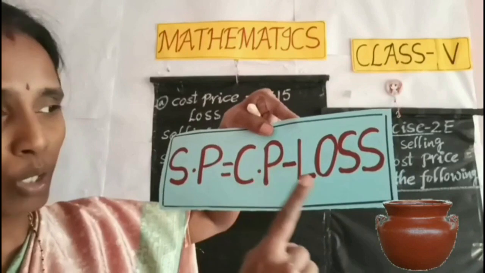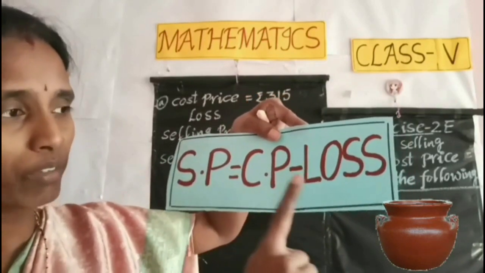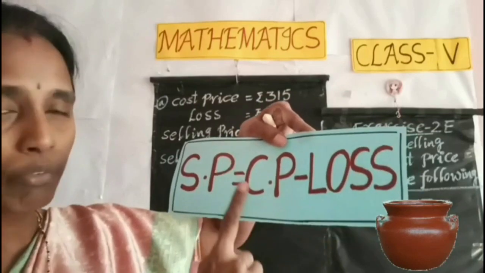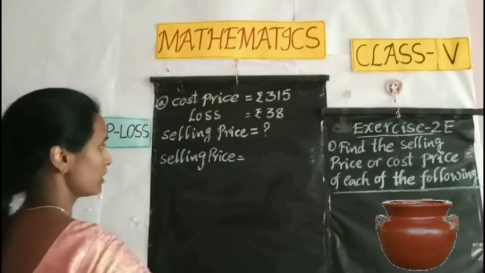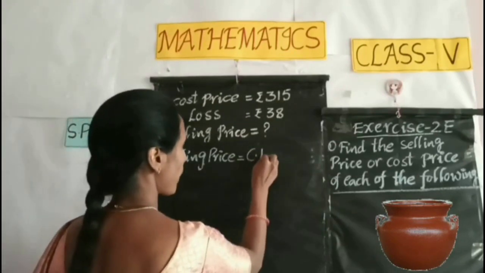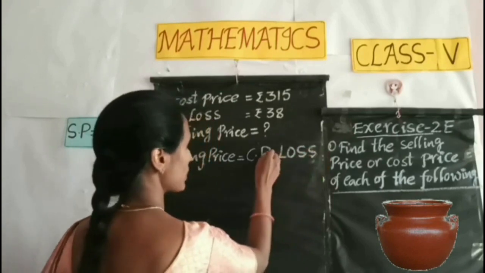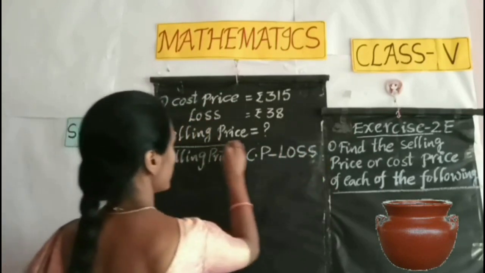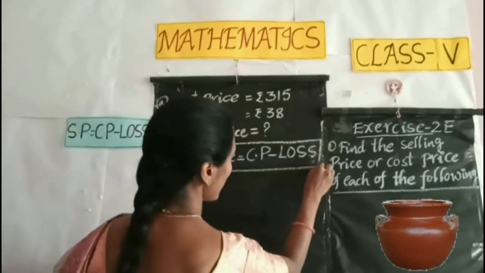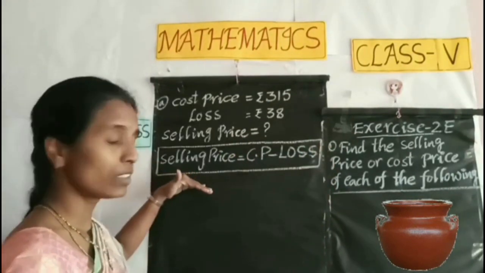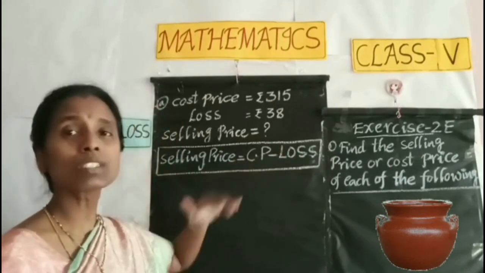When CP and loss are given, to find SP, means selling price, we have to subtract loss from CP.